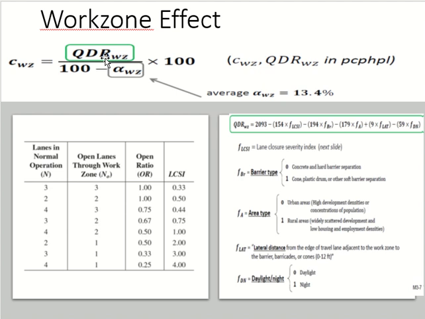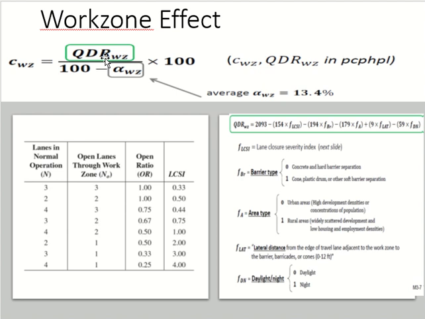The value of alpha is fixed as 13.4%. And you can see 100 minus alpha, so we'll put 13.4. Since it is a percentage, 13.4 means you will put 13.4 and subtract it from 100. Don't do 0.13.